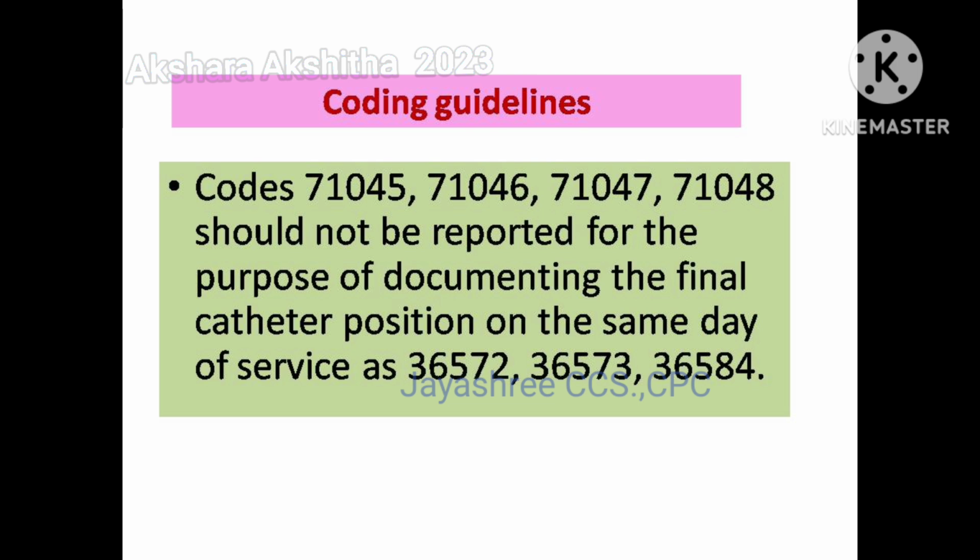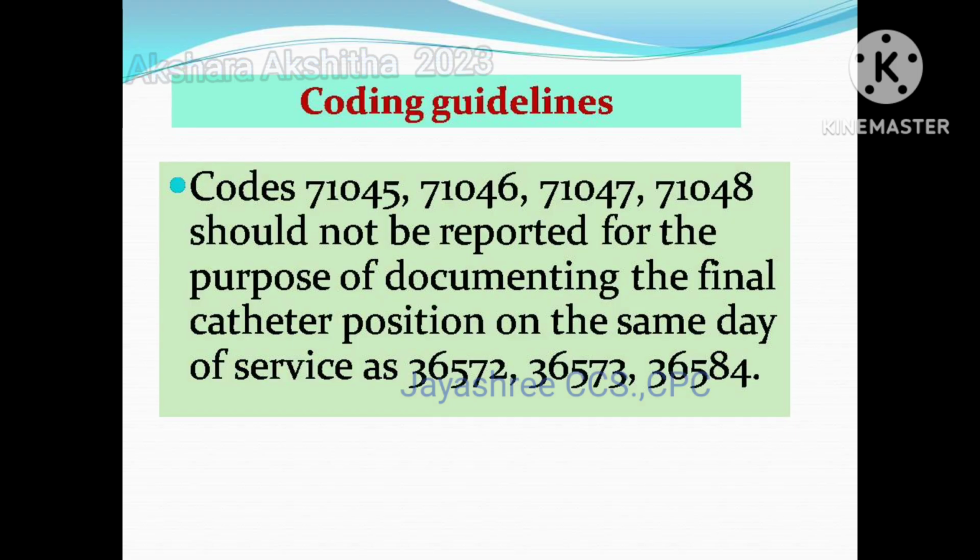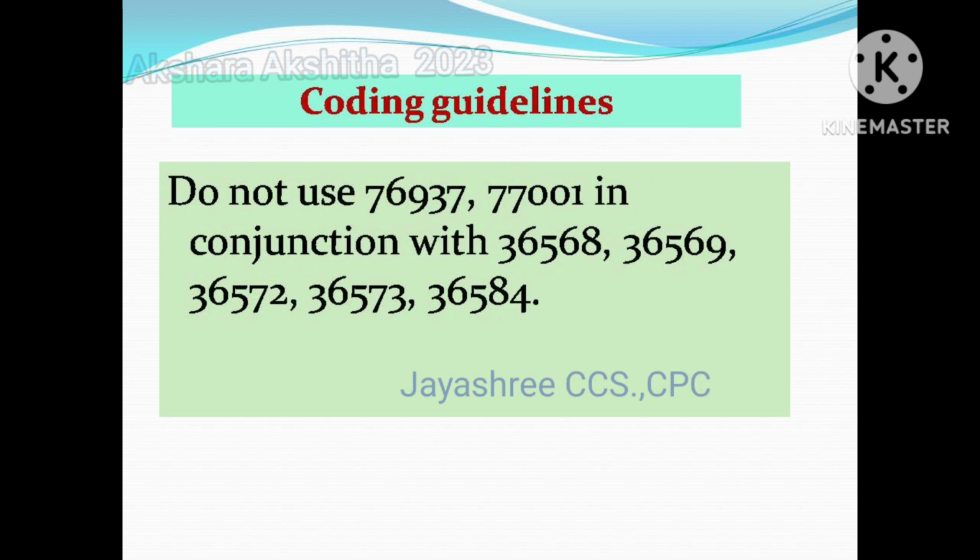Then we should not code them separately on the same day of service as 36572, 36573, 36584. Same like, do not report 76937 and 77001 in conjunction with 36568, 36569, 36572, 36573, 36584. For this set of codes we should not bill 76937 and 77001.